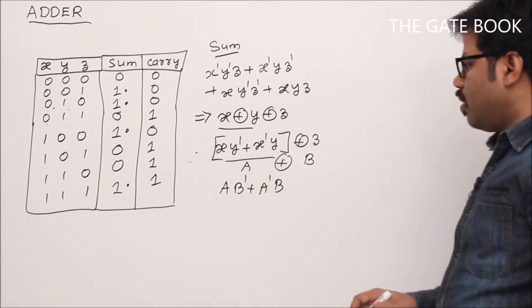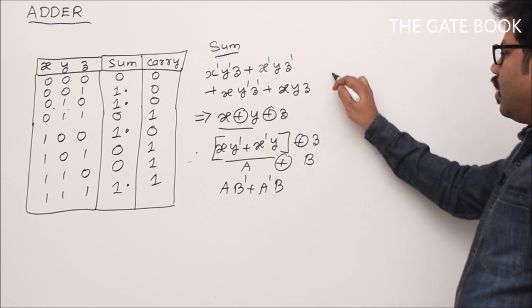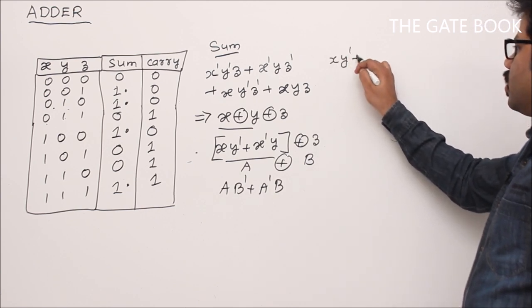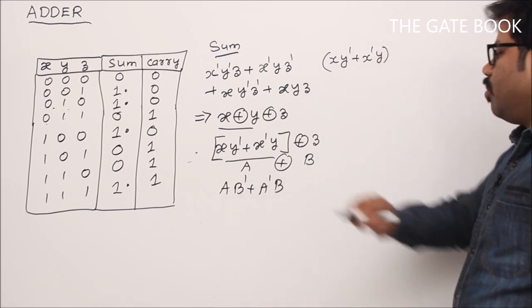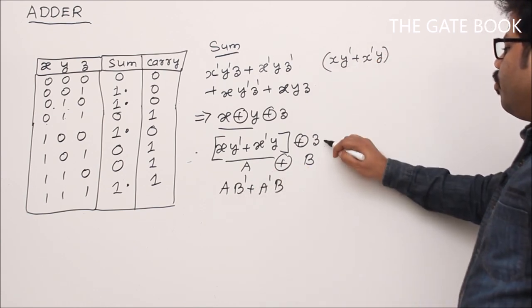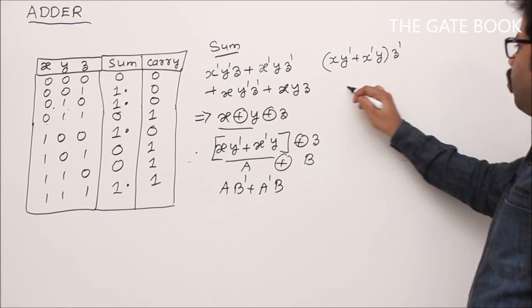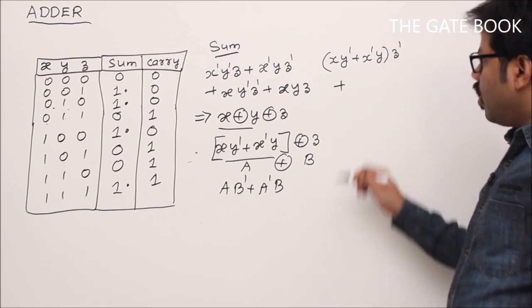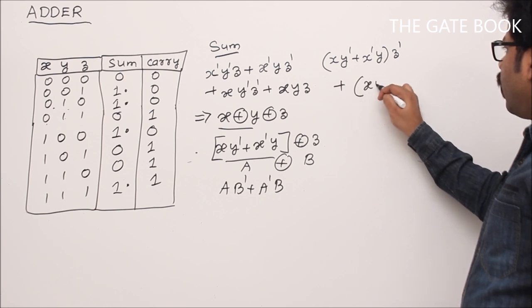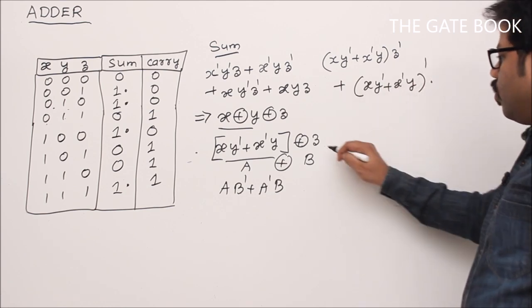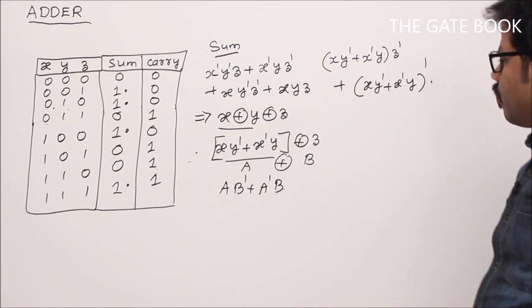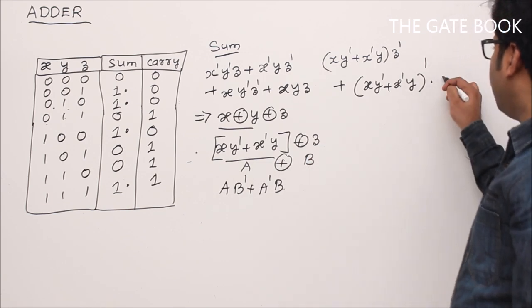What is a first? x y bar plus x bar y, into b bar. B bar is what here? B is z, so z bar, plus this time a bar. A bar is nothing but x y bar plus x bar y whole bar, into this time b. Correct? A bar b, b is z.